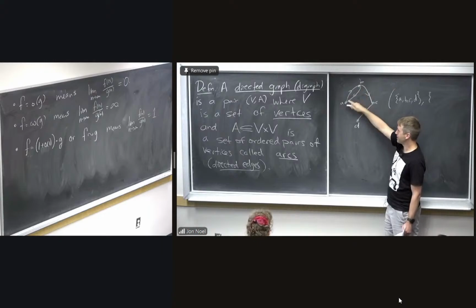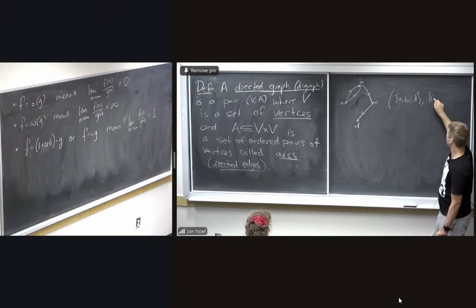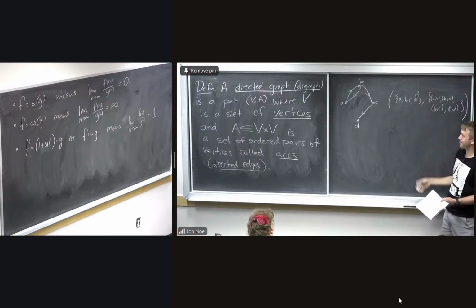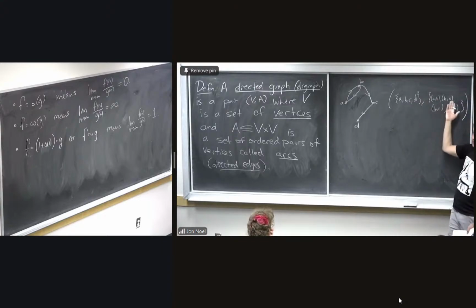So the direction means that in this arc, A is the first vertex, B is the second vertex. So my arcs are AB, BA, BC, and CD, if I got that right. In graph theory, you usually think of an edge UV as the same as VU. But here it's a bit more general. We allow these to be different things. AB and BA are different things.